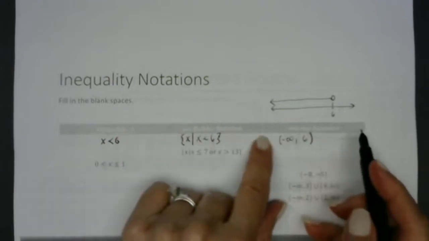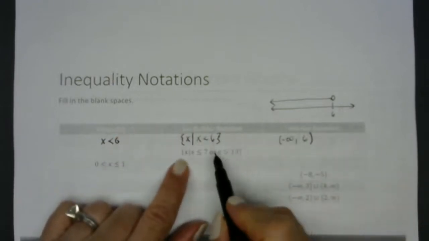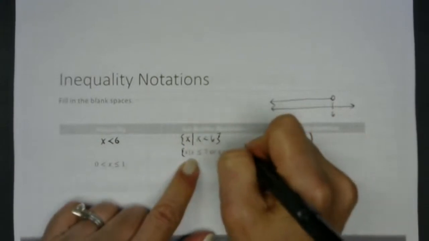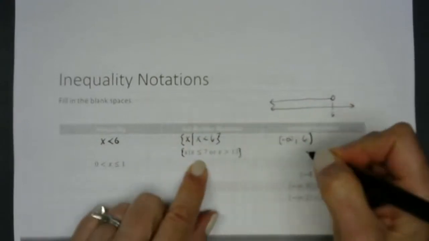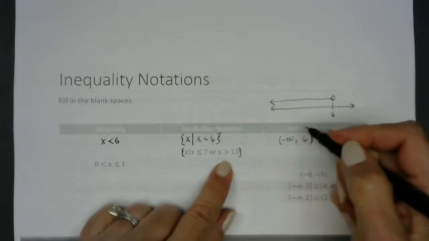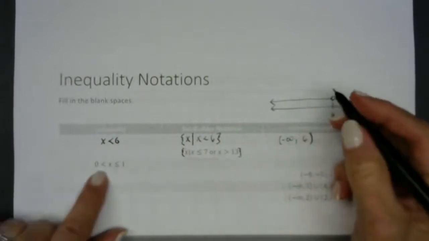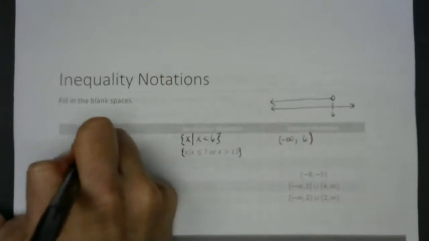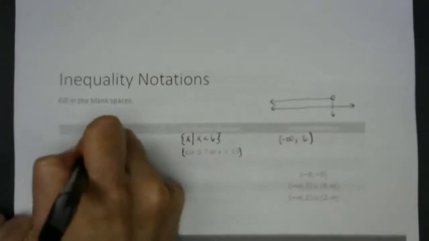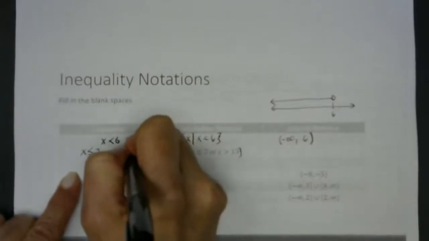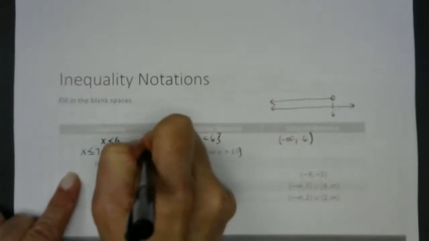Right. The next line, all we have is set builder notation. It says the set of all x such that x is less than or equal to 7 or x is greater than 13. Okay. Well, I've got two inequalities going on. The first one is x is less than or equal to 7. The second inequality is x is greater than 13.